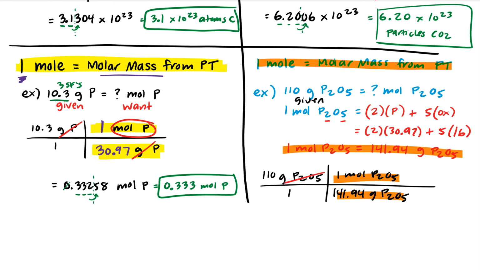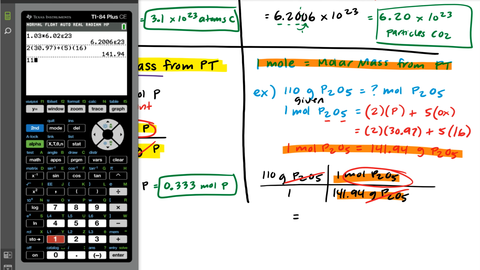Grams of P2O5 cancel. You're left with moles on the top. And so now I calculate this. You're going to do 110 divided by 141.94.